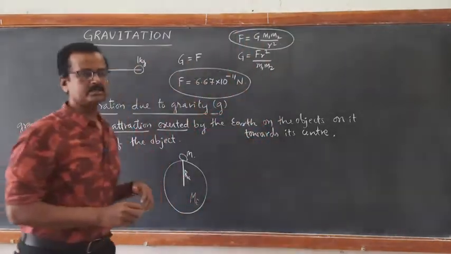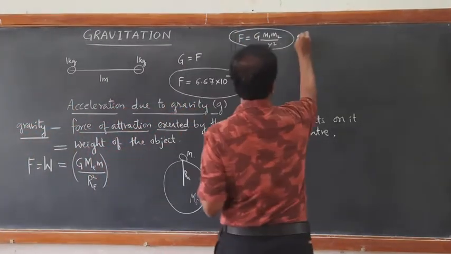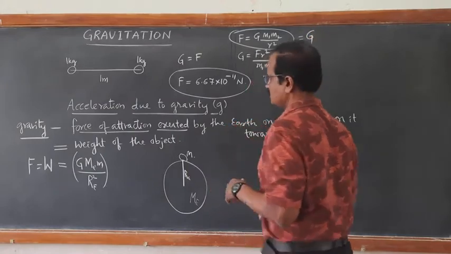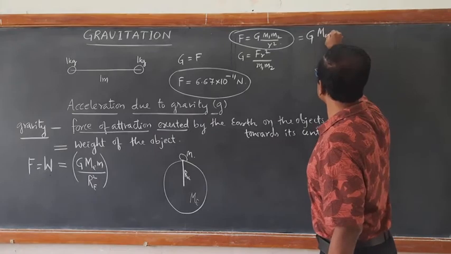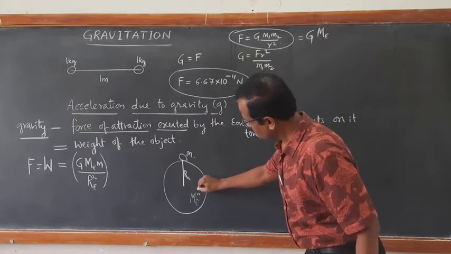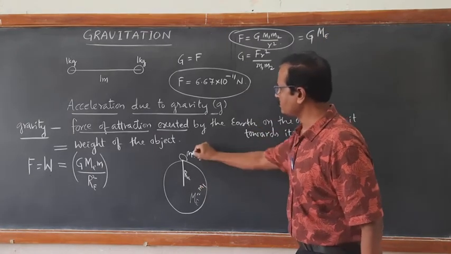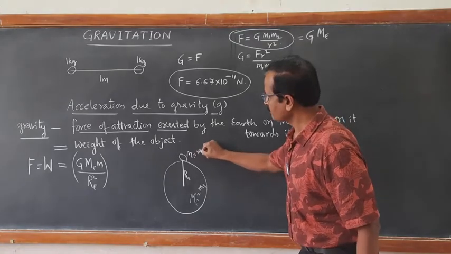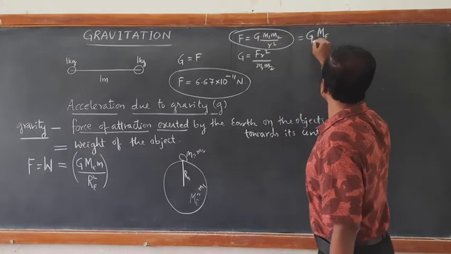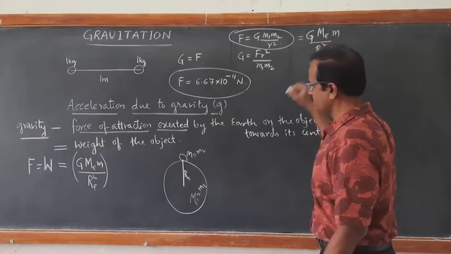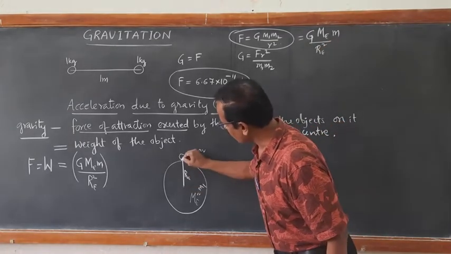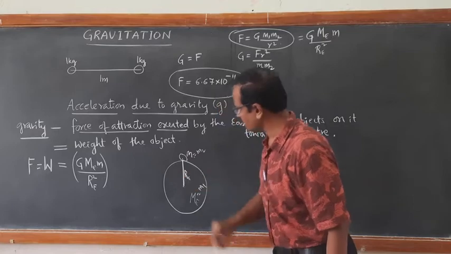Universal law of gravitation. So here G I have kept as it is. M1 I have taken as the mass of earth, and M2 I have taken as the mass of the object, divided by RE square, where RE is the distance of this stone from the center of the earth.